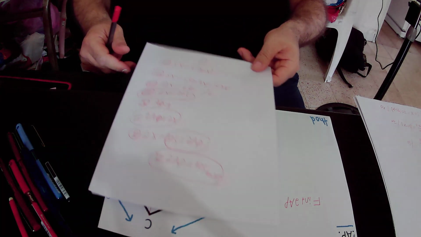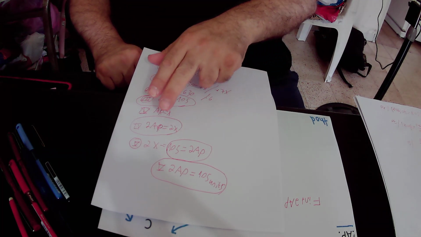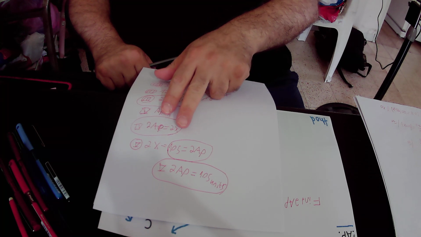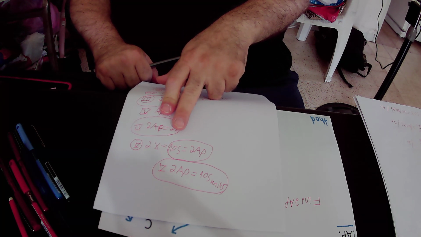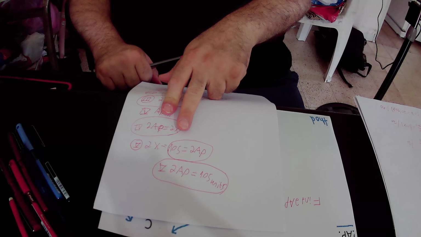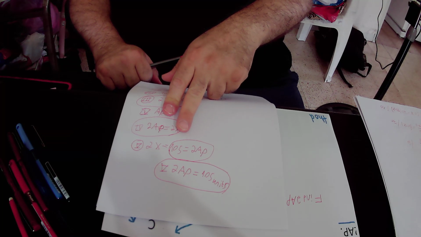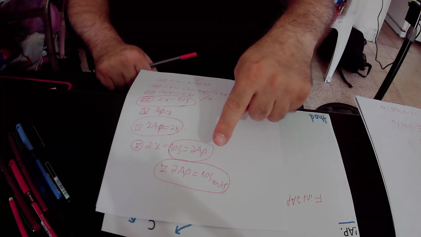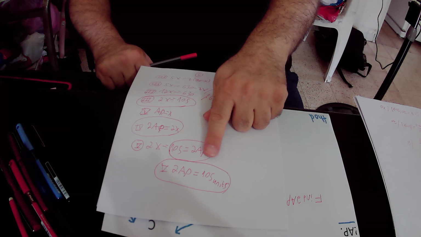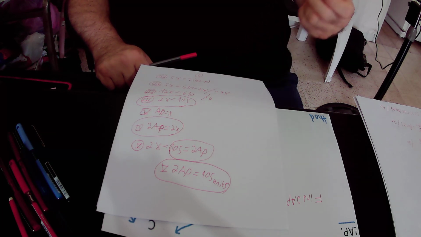I repeat again. From the fifth equation, we got the equality that states that 2 times AP equals 105. So I wrote it here: 2 times AP equals 105 units.